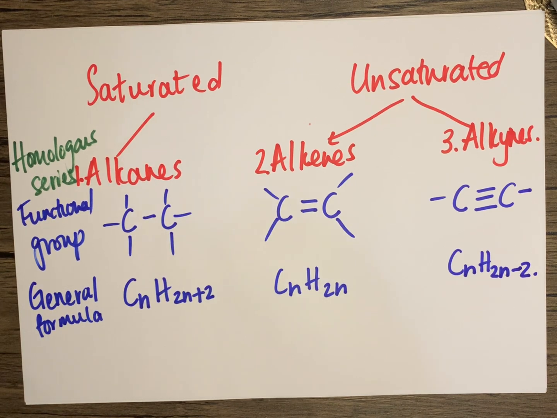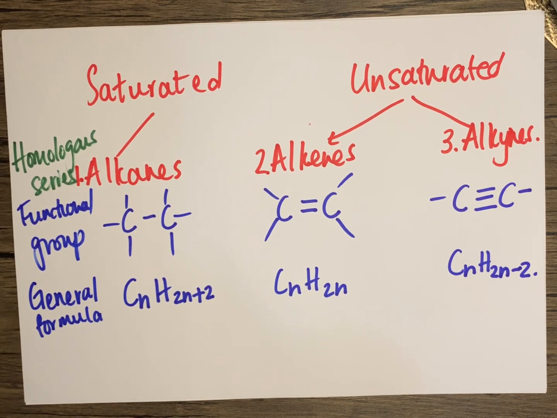So if I have 2 carbon atoms with a triple bond between them, then I'm going to have 4 minus 2 hydrogen atoms, because right now we're just speaking about hydrocarbons. That gives 2, which means if I have 2 carbon atoms, I'm going to have 2 hydrogen atoms bonded to them if there is a triple bond, right?